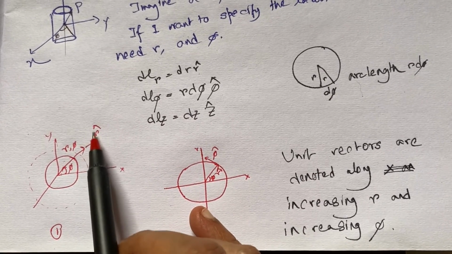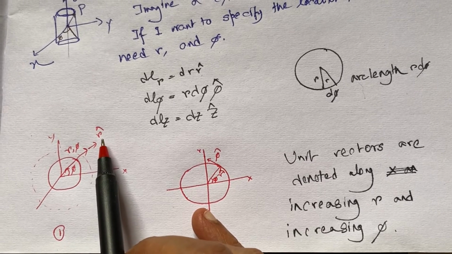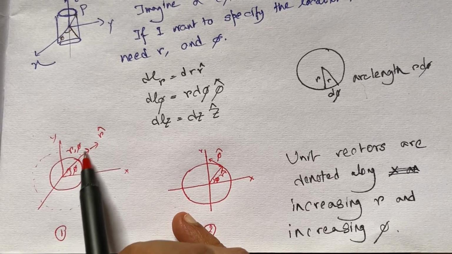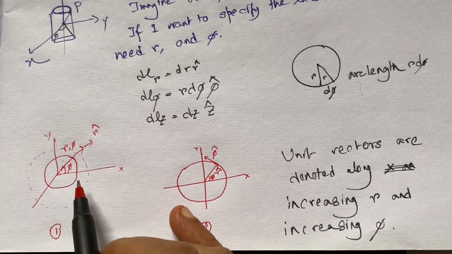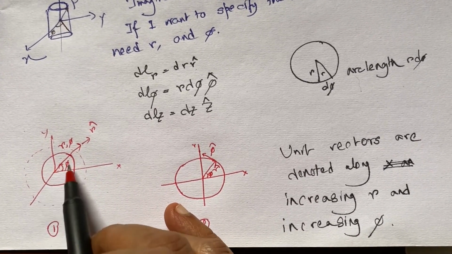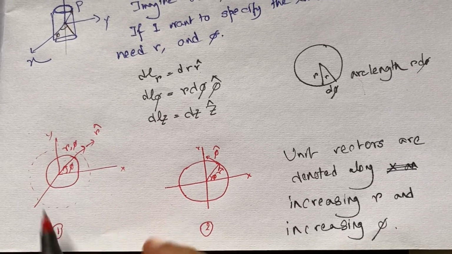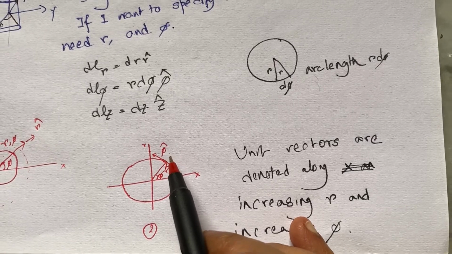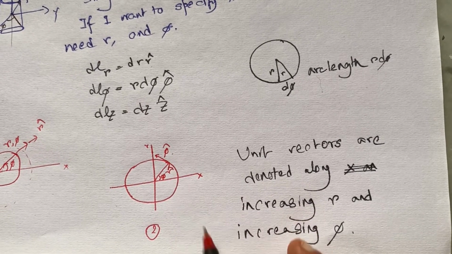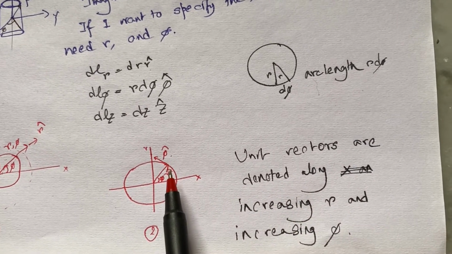So r-hat or r-cap, the unit vector, specifies the direction along which r is increasing. Similarly, phi is increasing along this direction, anti-clockwise. So the direction of phi-hat or phi-cap, the unit vector along the phi angle, will be along the direction of increasing phi.